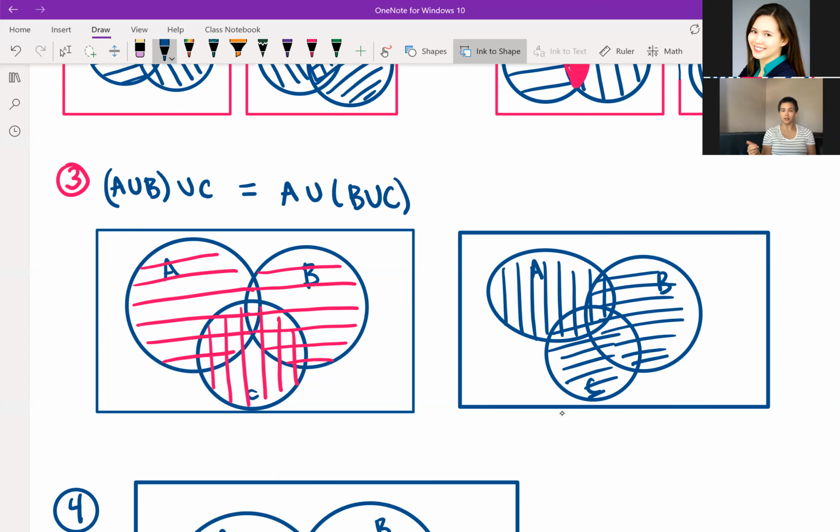So A union B union C is the same thing as A union B union C.